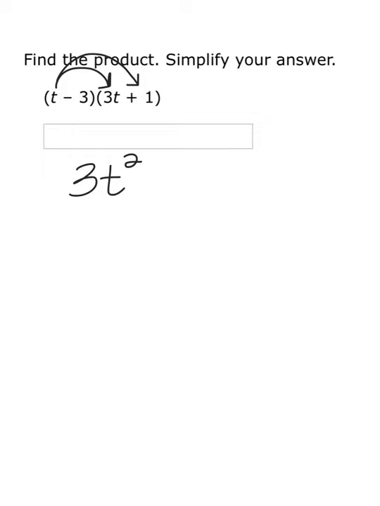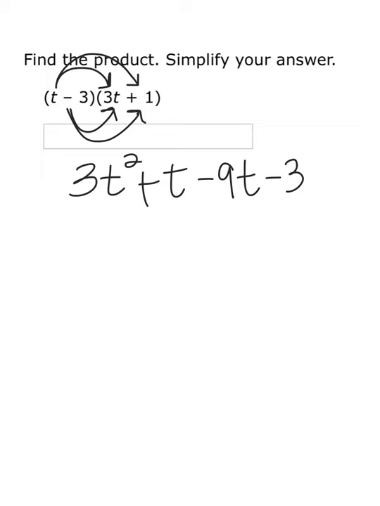Then I'm multiplying the t times positive 1, which would just be 1t. Then I'm going to move to the negative 3 and distribute the negative 3 out to each term in the second parenthesis. So negative 3 times positive 3t would become negative 9t. And then negative 3 times positive 1 is negative 3.